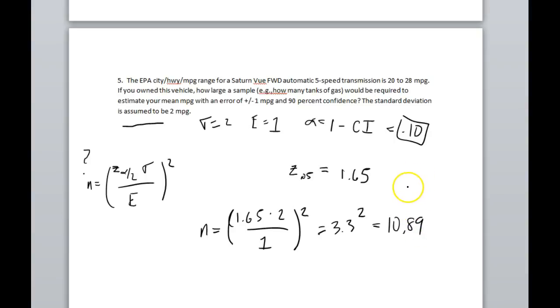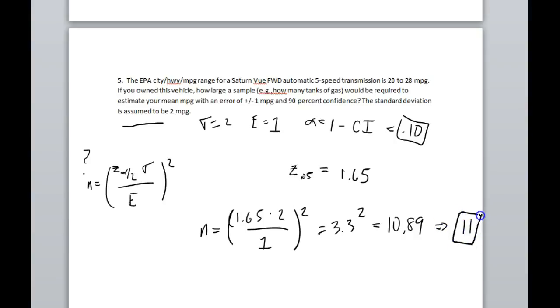Now the next thing I want you to notice is this n that we're solving for is a whole number. We're solving for a sample size. You couldn't have 10.89 pieces of data, right? You couldn't have 10.89 observations. So whatever this number is, you always round up. So I just put an arrow and say 11.